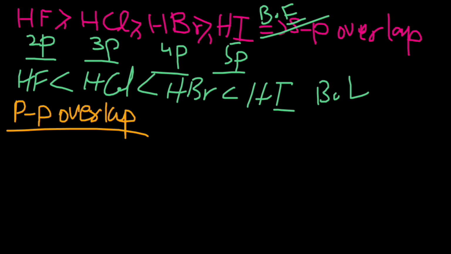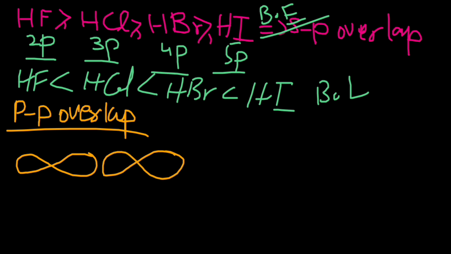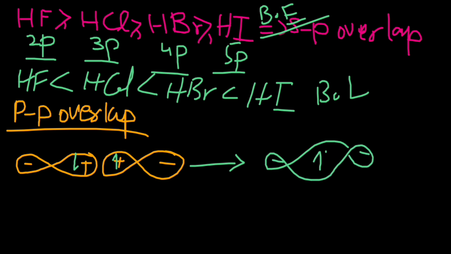Now let's talk about the other kind of overlapping known as pp overlap that can also result in a sigma bond. Let's say this is the p orbital that overlaps with the other p orbital. Both of the p orbitals have the same sign and electronic density, electronic spin antagonistic to each other, and both are half filled. They come close to each other, overlap and result in this molecular orbital known as a sigma bond.